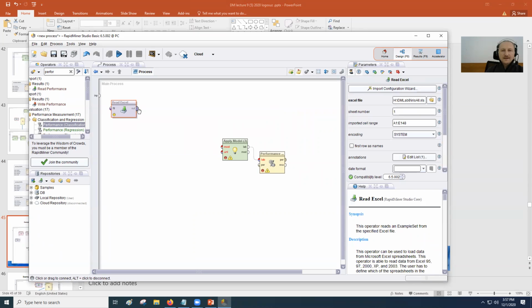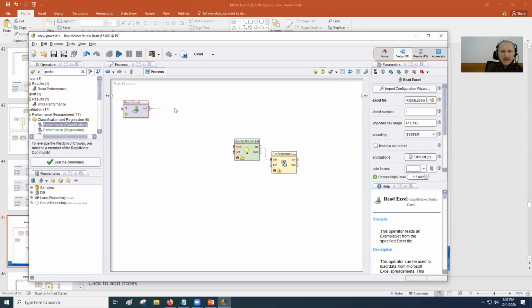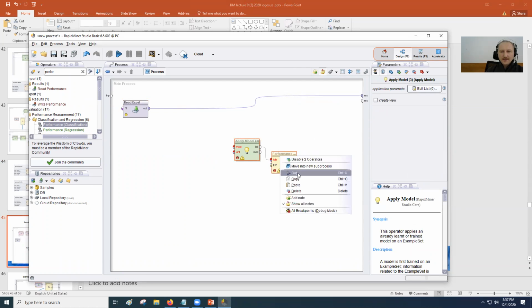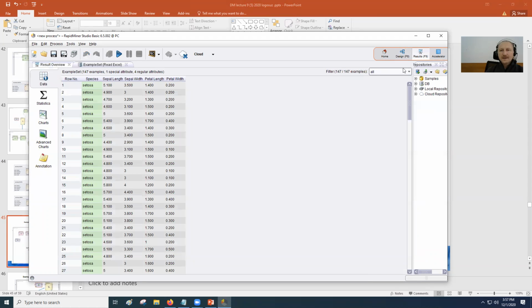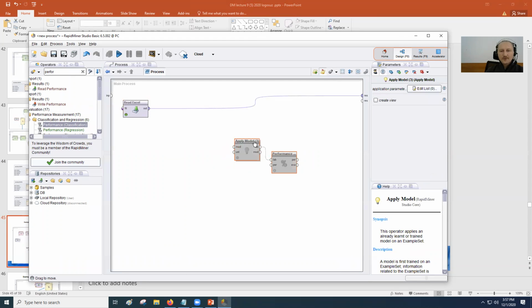Here again the training data should be there. Let's disable them and see, yes, the training data is already there. We don't need to configure it again.